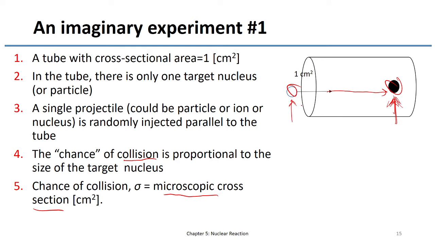But in this imaginary experiment, to explain things more easily, we consider that the microscopic cross section is the property of the target nucleus. As we said, it is the size that influences the chance of collision, so the microscopic cross section has the unit of square centimeter.